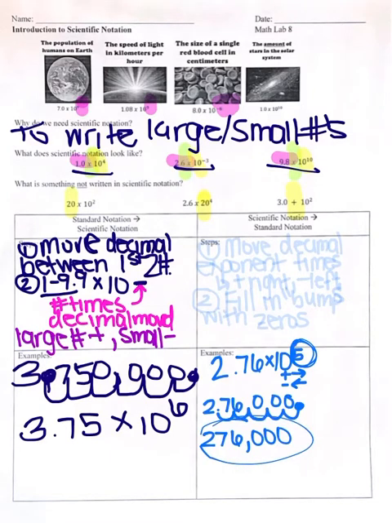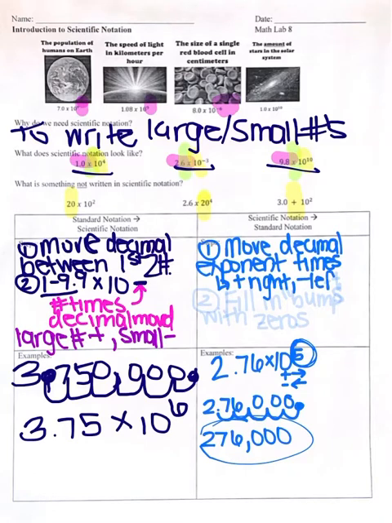So let's take a minute and write those steps. What was the first thing we did? We moved that decimal exponent number of times. And if it's positive, that means we go to the right.